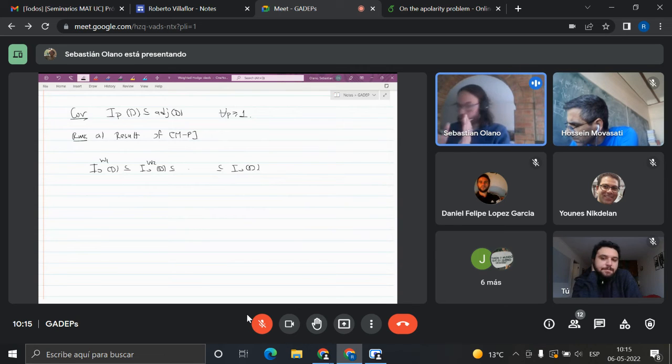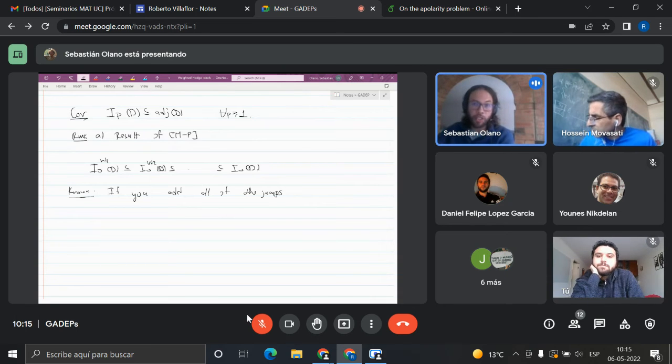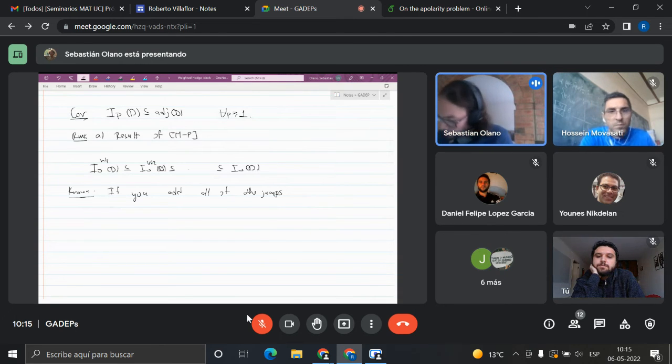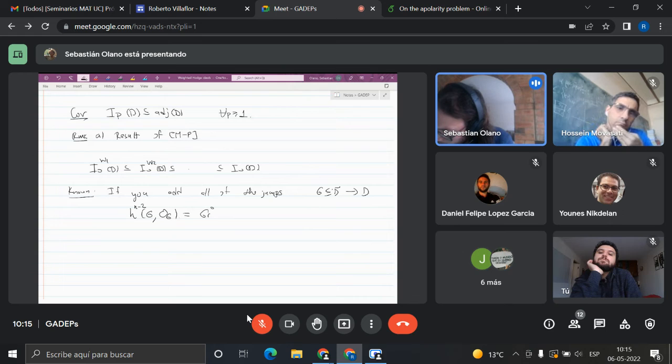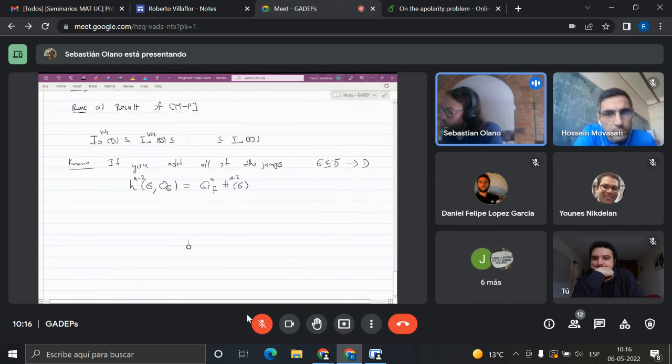I gave you the description of each of the jumps, but a known result is that if you add all of the jumps, or in other words, if you put I0 mod the adjoint ideal, this gives you a vector space on the point, and the dimension of that is IHn minus 2 of G, this cohomology of G, where you have G containing the tilde, the resolution of singularities of T. Another way of describing this is that this is the zeroth part with respect to the Hodge filtration of Hn minus 2.